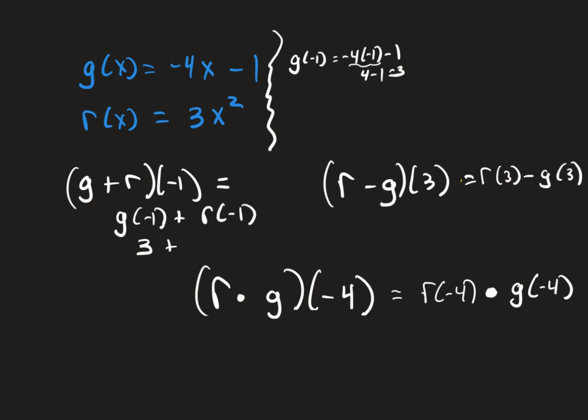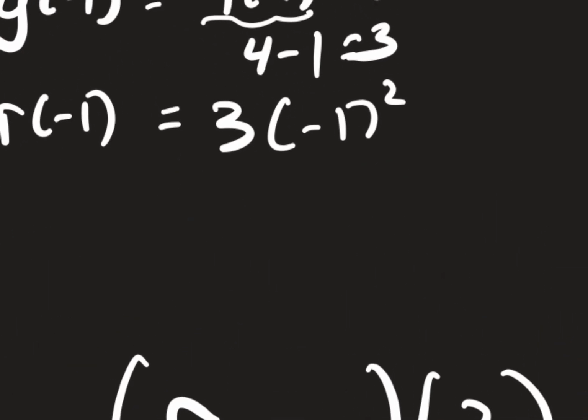Plus, now I have to find r of negative 1. So that's going to be 3 times negative 1 squared. This messes everybody up all of the time. You have to square negative 1 first. Negative 1 squared is 1. 3 times 1 is 3.